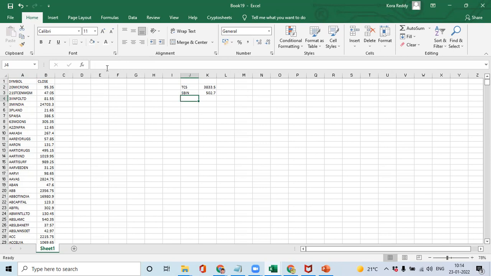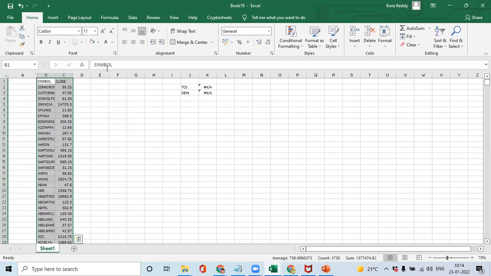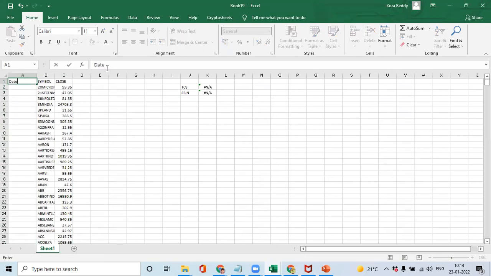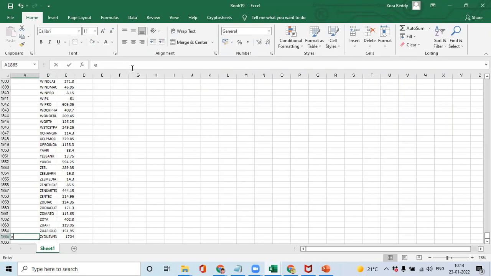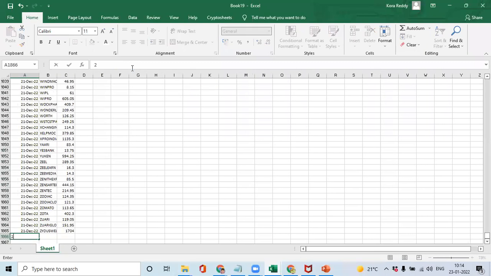Now this is a single day. What I can also do is, this is the date, I can download multiple files like this. So the 21st December file is this. Similarly, I can download the 20th December one.